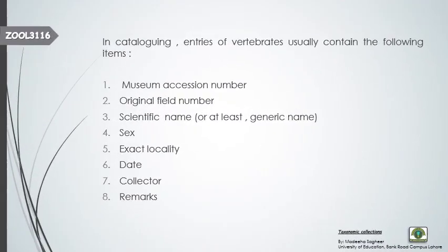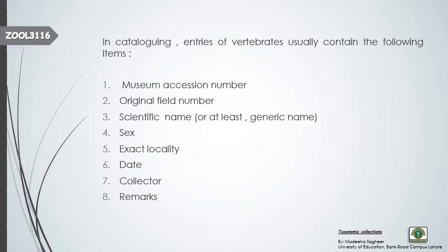Okay, here is an example of vertebrate cataloging. What important things should be part of the catalog? Number one is the museum accession number. In the case of vertebrates, especially higher vertebrates, we give each specimen a particular number. This is the number we need to access our specimen. This is the museum accession number, or the catalog number. Second, the original field number is also very important. It is also required.